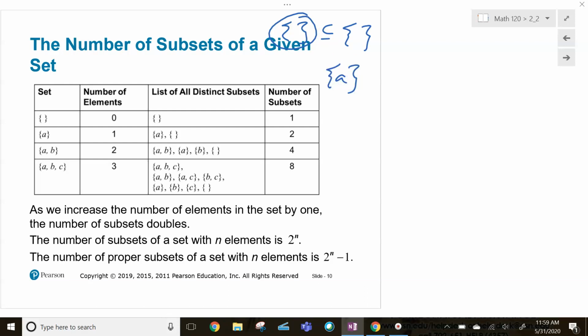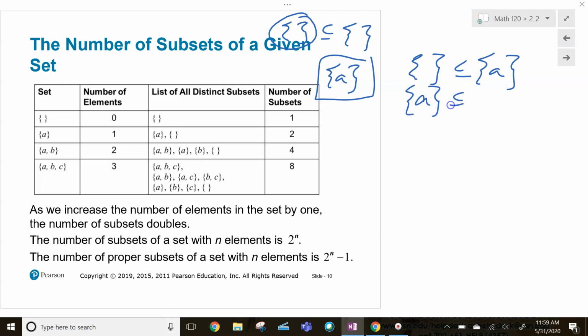If I have a set with one element in it, how many are subsets? Well, the empty set is considered a subset, and the set containing A, which is the same set, would be considered a subset. So there's one, two. It looks like there are two subsets, right? So if I have one element, then there would be two subsets.